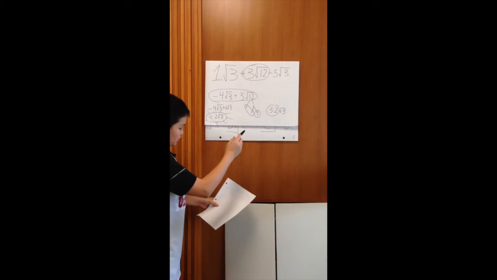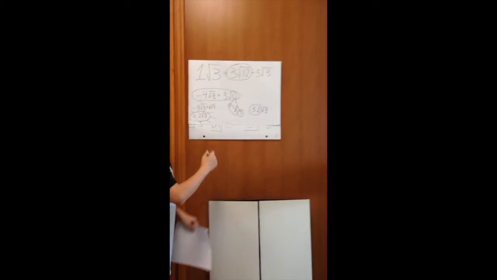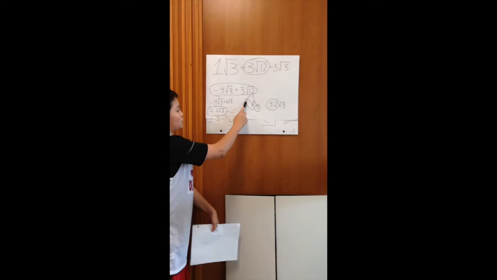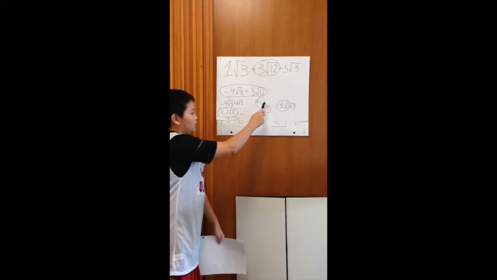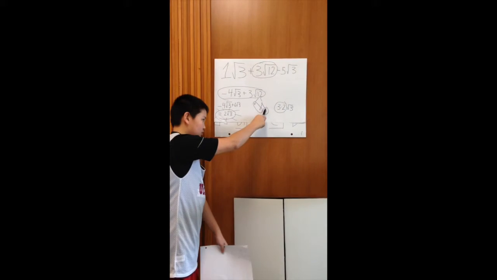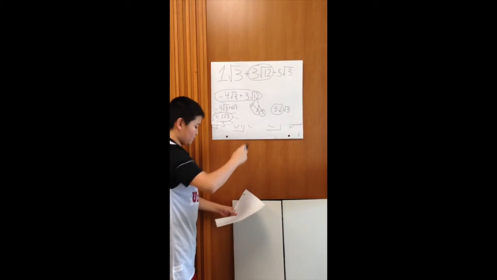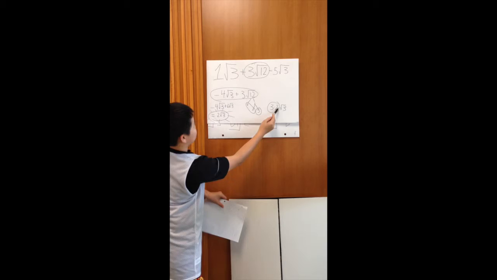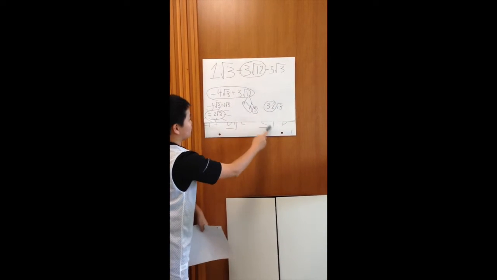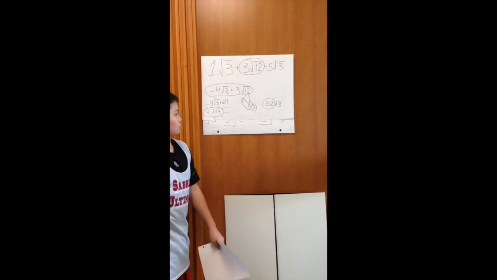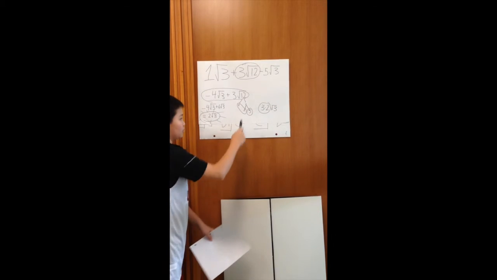So what we can do here is factorize the radical 12. We have 2 times 6, which is also 12, and 3 times 2, which is 6. So we're going to take the 2, and multiply it by the 3, and we keep the radical 3, because this is the leftover number.